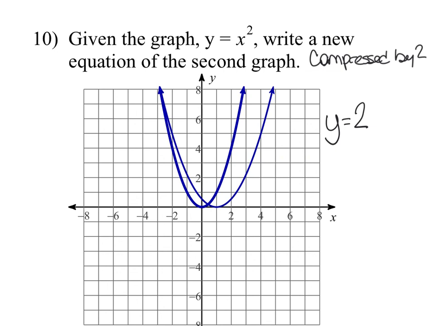And then my vertex, it went from 0, 0 to the right 1, positive 1, but it didn't move up or down, so that's 0. So x, the opposite, minus 1 squared. It didn't move up or down, so we don't put anything there.